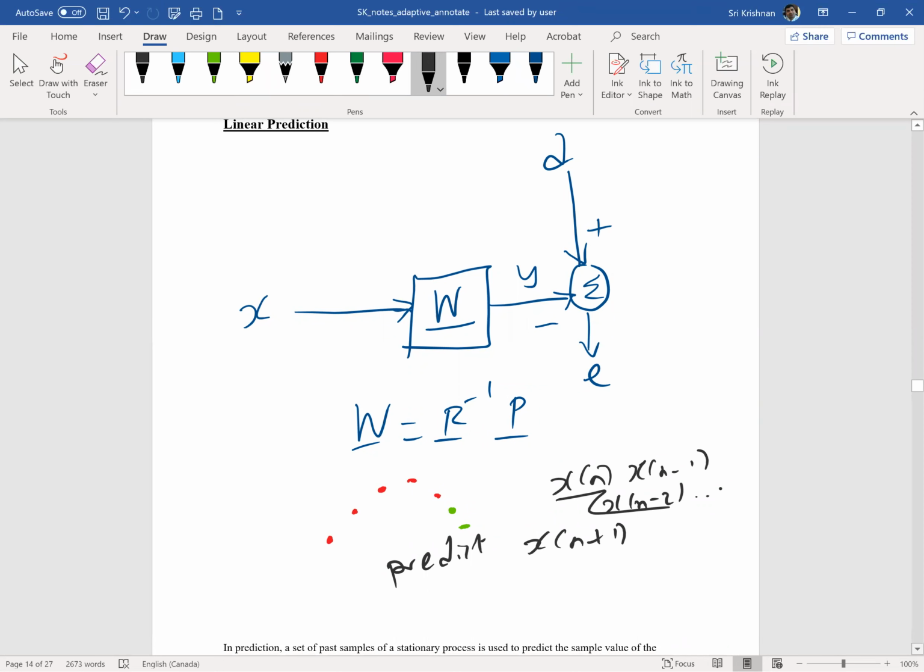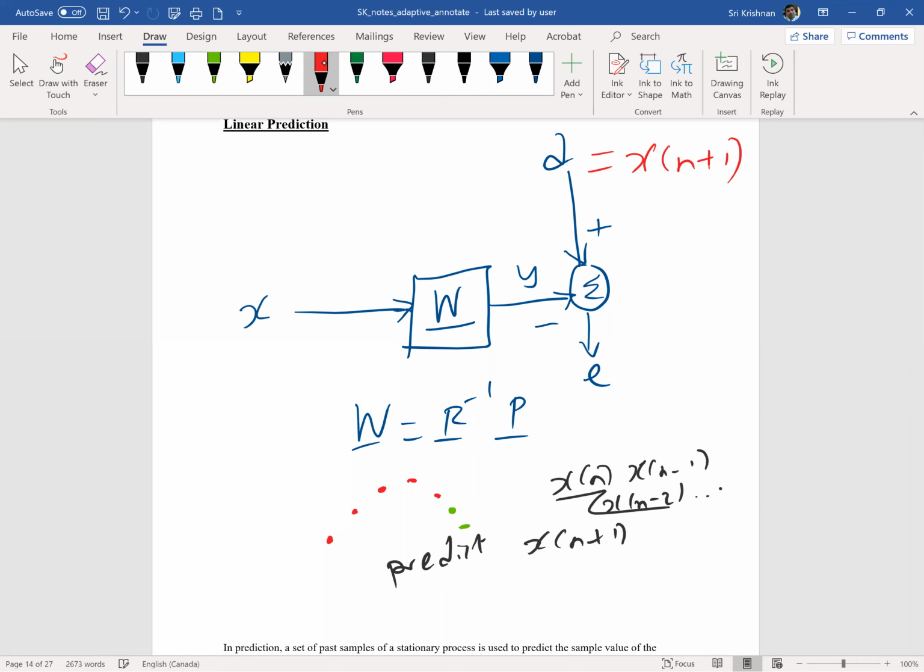Just by looking at the configuration of the filter diagram we had, by playing around with your desired response, we can make this filter do a proper prediction after the error has been minimized, so that the output of the filter Y would always be the next sample. That's possible if I make my desired response the next sample x[n+1].